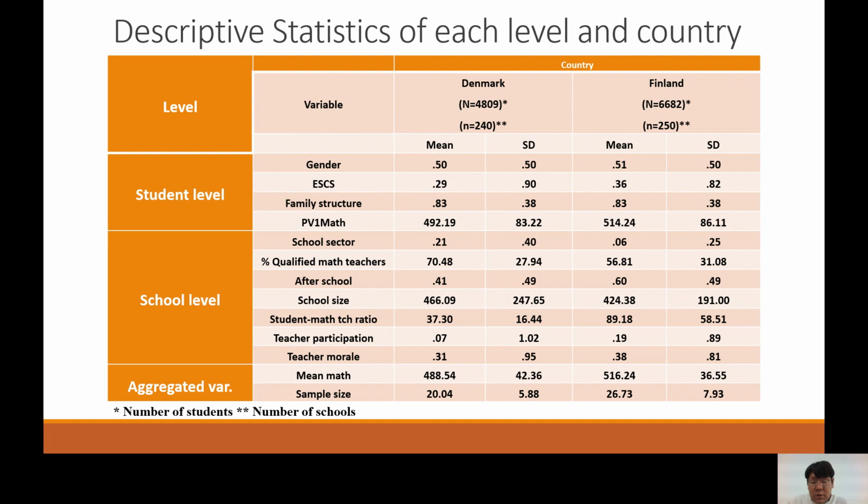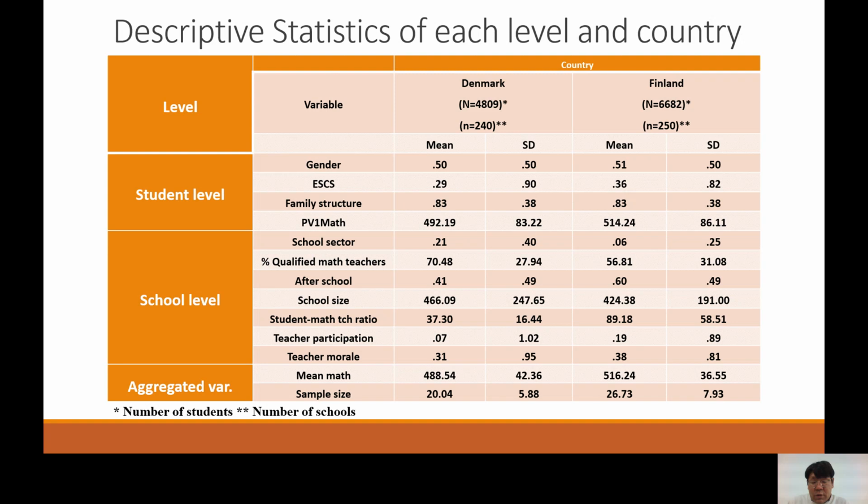School sector. You see the proportion of private schools is higher in Denmark than in Finland. In Finland it is 6%, so the majority of schools were public in Finland. Also, the percentage of qualified math teachers in Denmark was higher than in Finland, but student achievement is the opposite.